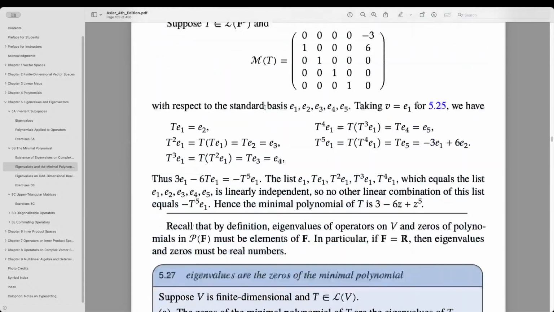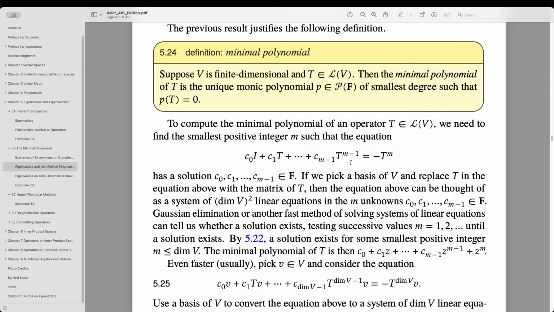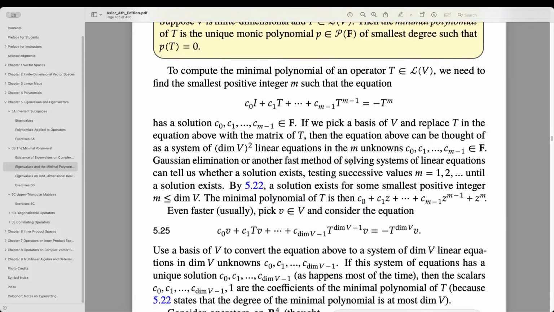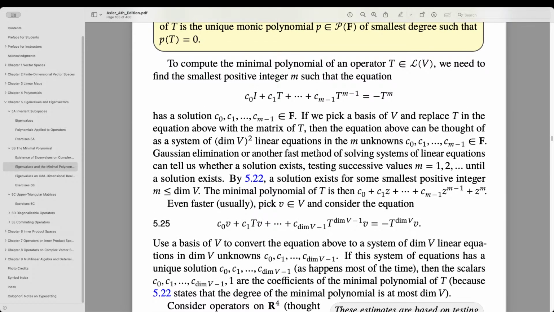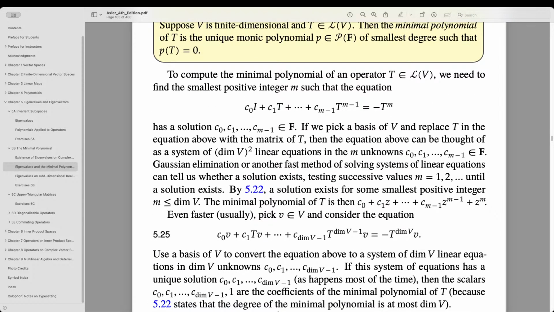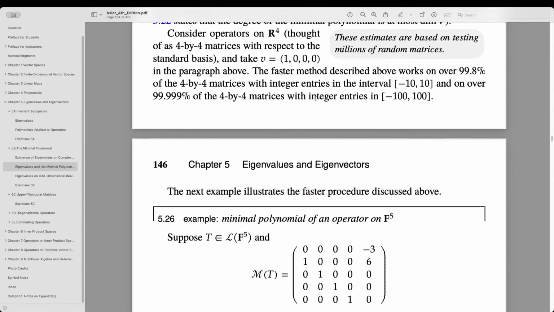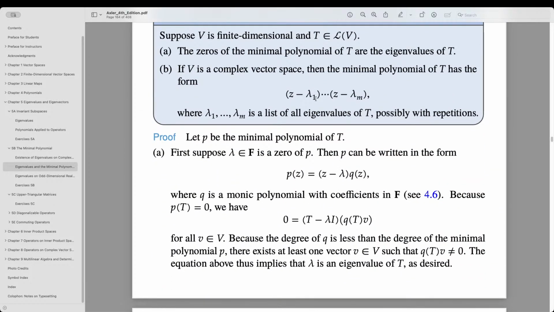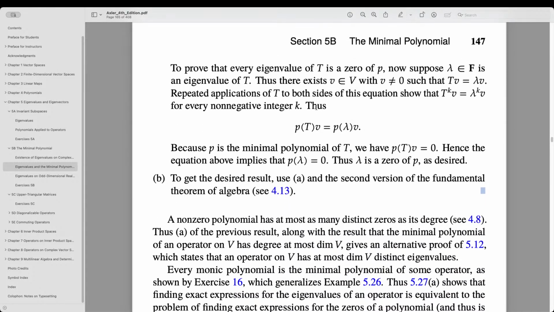This guy here, right? Oh yeah, to compute a minimal polynomial. Yeah, I guess it makes sense. The existence is a very theoretical statement, which is nice. The computation ones are kind of annoying.